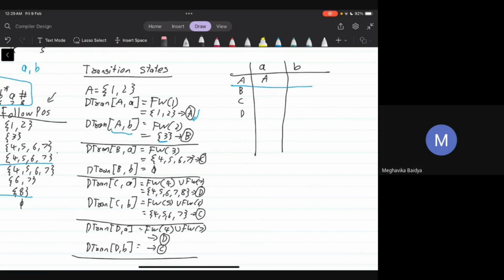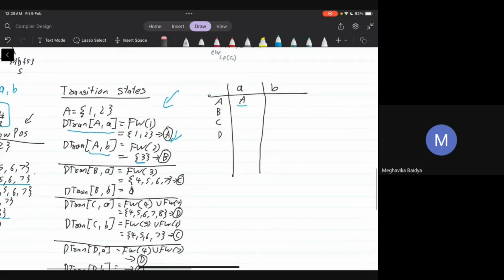You've already written A because there's a state A, and when it gets an input A, it goes back to itself. So for Dtran of A comma A, you are going to A. So you write this here.